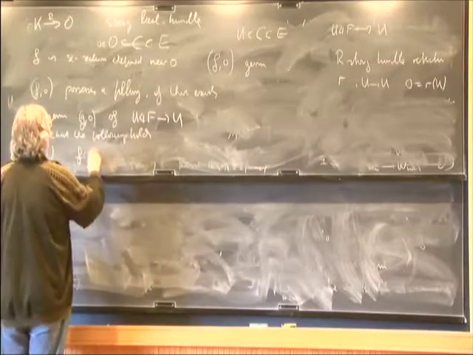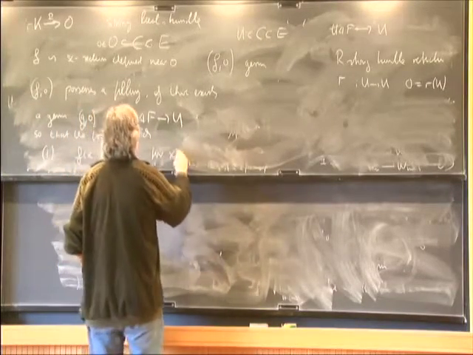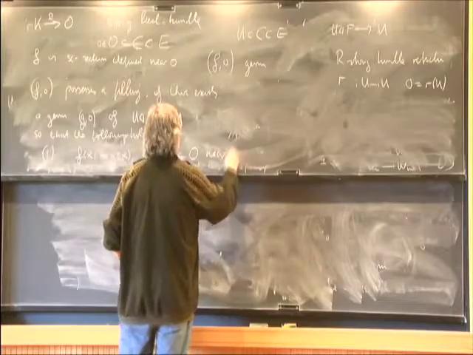So f of x equals g of x for x in O near 0.